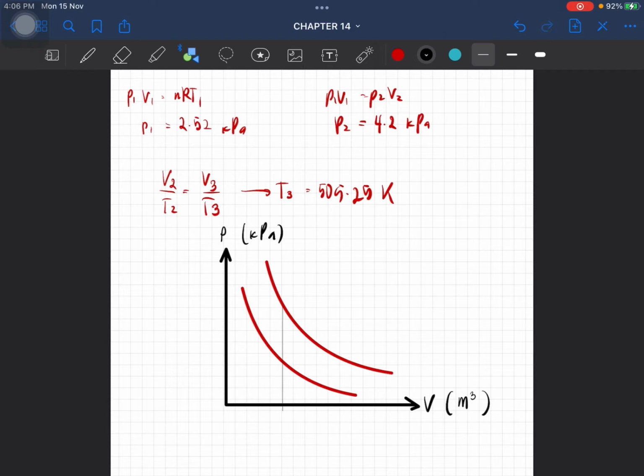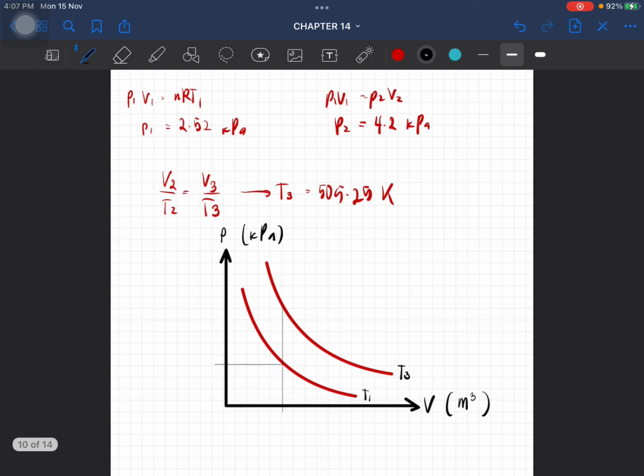And then this is at a pressure of 2.52, and then it goes to P2, 4.2. Wait, sorry. For here first, T1, and then this is T3. This is T1, this is T3, and then it goes here.